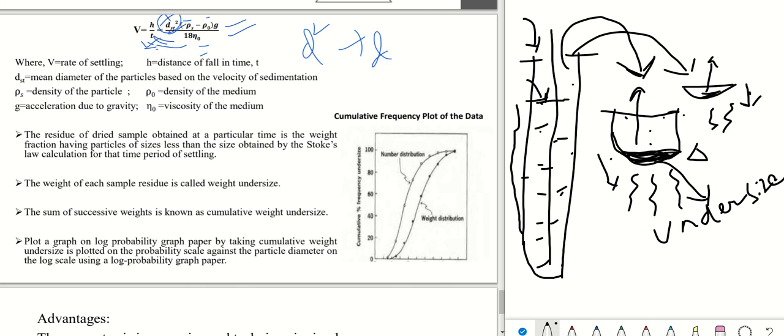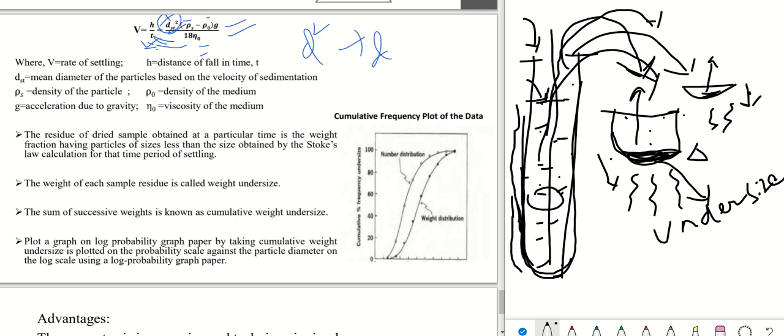So to be precise, when this is kept aside for standing, and we are taking out the 10 ml sample, we will be able to get the sample from this place, and during that process the remaining particles will be undergoing sedimentation, right? So the particles which are still undergoing sedimentation will be collected.